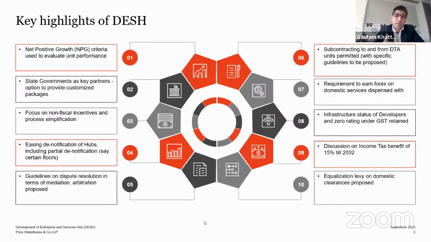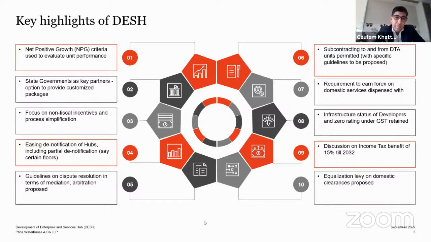It will no longer be that a unit needs to earn foreign currency, but what is the net positive growth which the unit is achieving over a period of 5 years or year on year, is what the government proposes to look at. And it's in this context that parameters like additional economic activity, employment generation, development of infrastructure, promotion of investment, and R&D will gain more importance rather than catering to the export markets. So that's the broad base which the DESH bill is looking at.